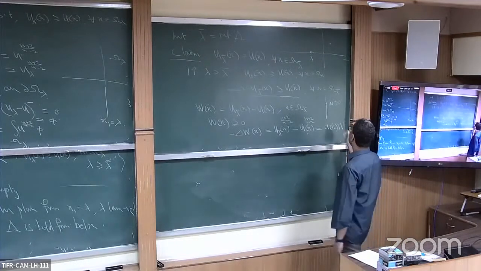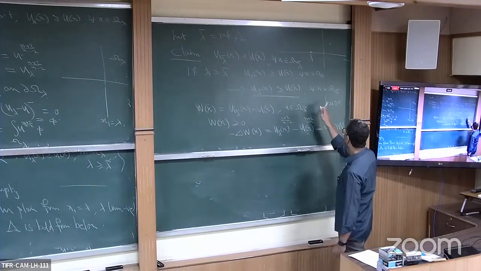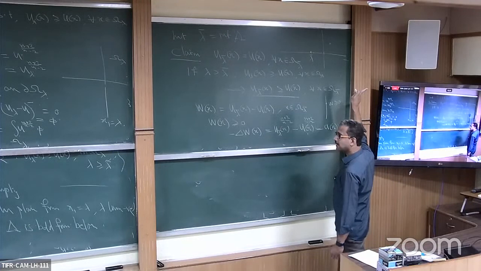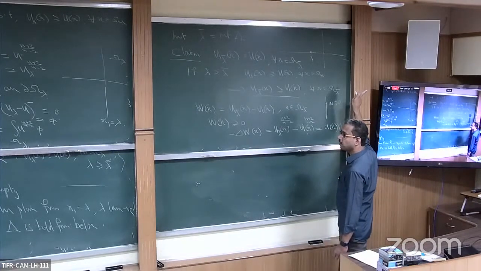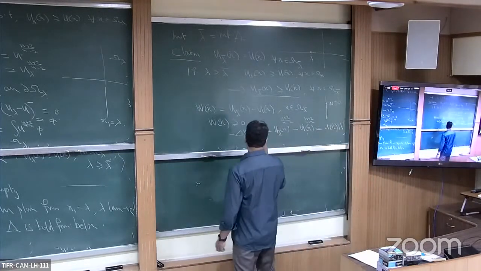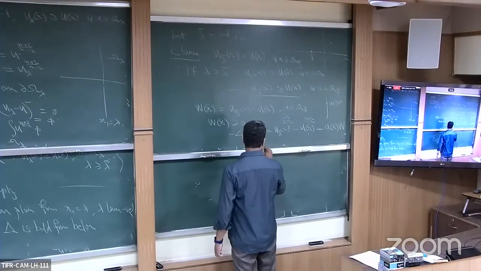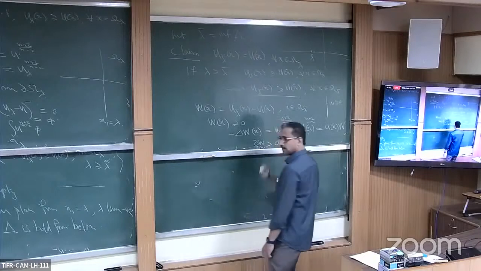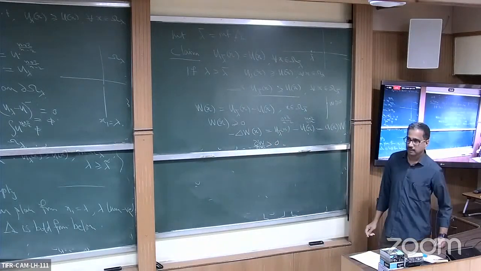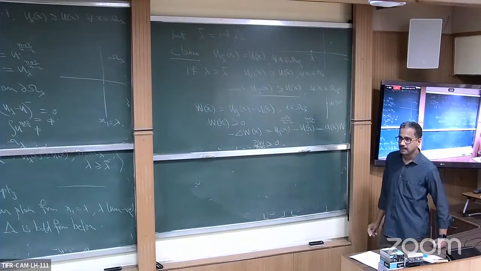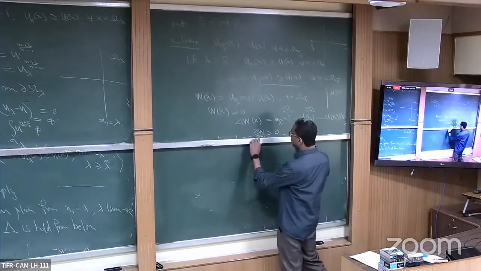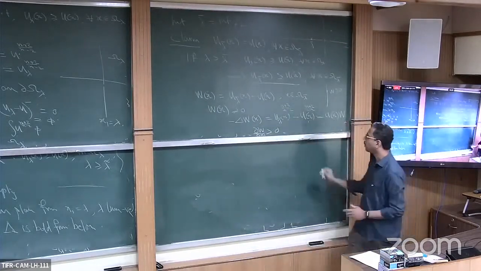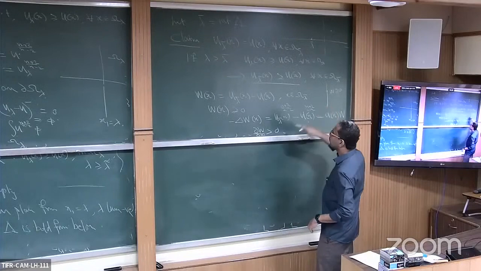What does it say? So it is positive here, it is 0 here, so it is increasing, right? So dw by dx1, what do you get? It is increasing, right? Correct? Okay. Now what is this? dw by dx1 is strictly greater than 0 at this boundary. Okay.